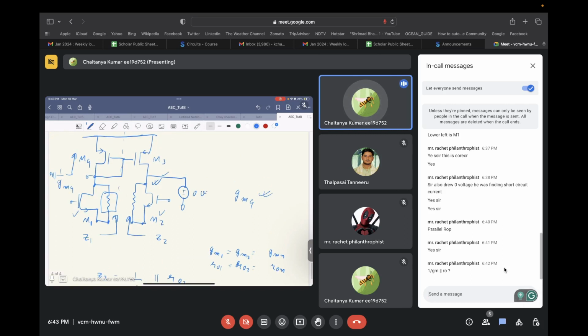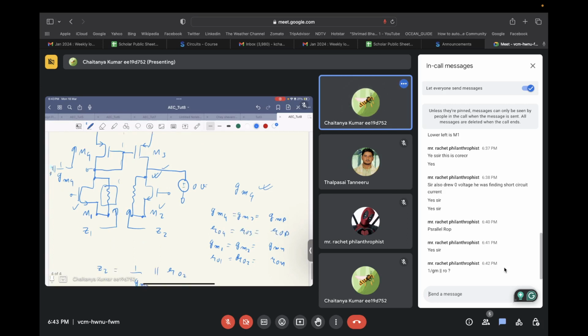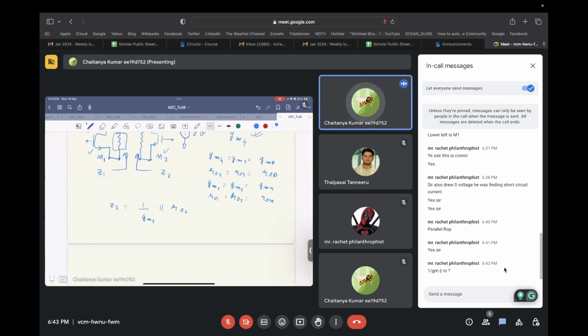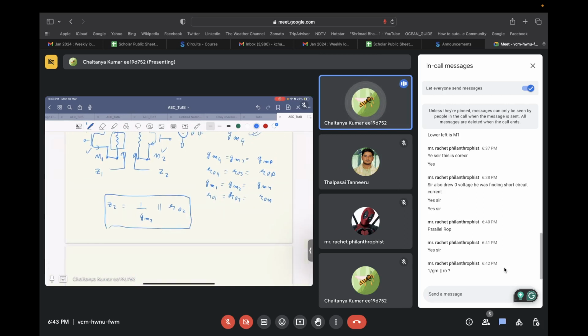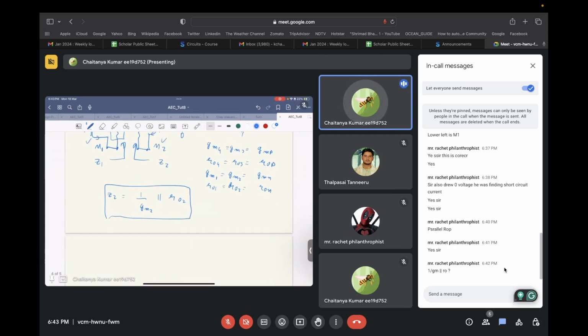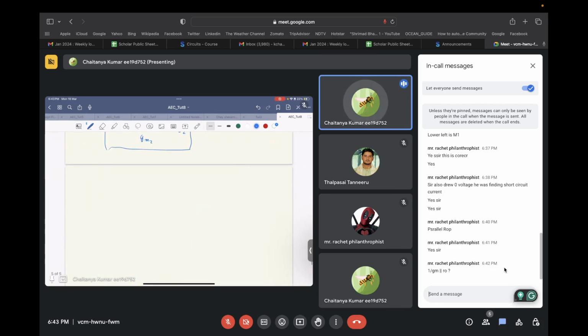And for the upper transistors, gm4 equal to gm3 equal to gmp, and ro4 equal to ro3 equal to rop. So Z2 is basically 1 by gm2 parallel ro2. Now let's try to compute Z1. For computing Z1, you basically have gmn over here. This is grounded.